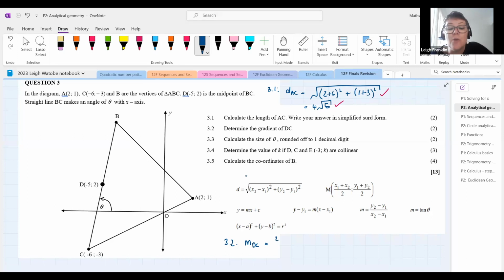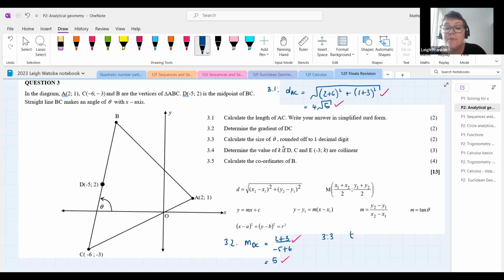Okay, so at the top here, I got 2 plus 3, and at the bottom, I got minus 5 plus 6. That gives me a gradient of 5. So again, a mark for subbing in, a mark for your answer. And then in 3.3, the gradient of the line is positive.